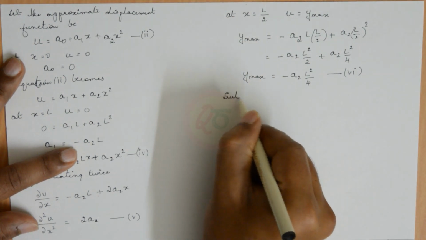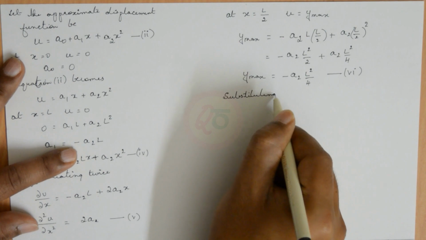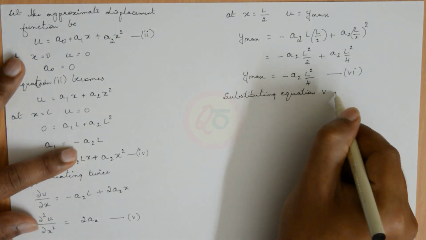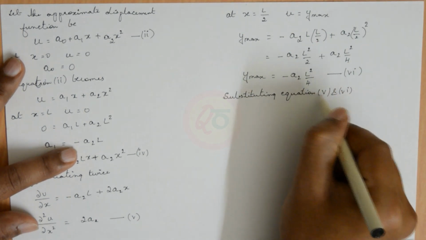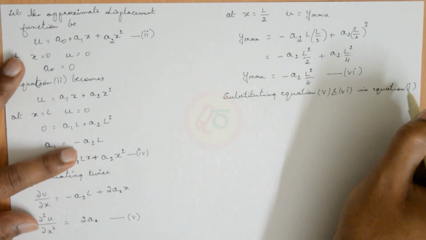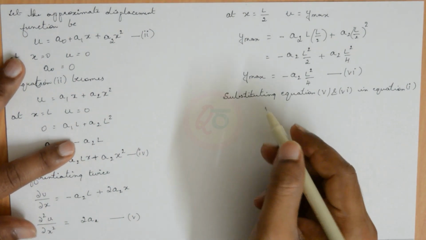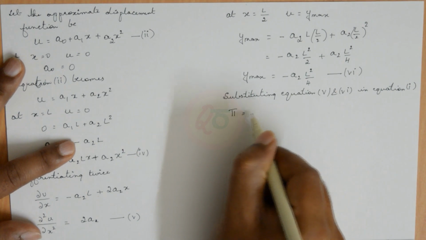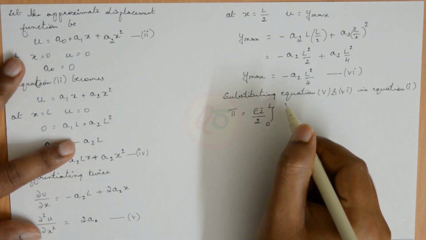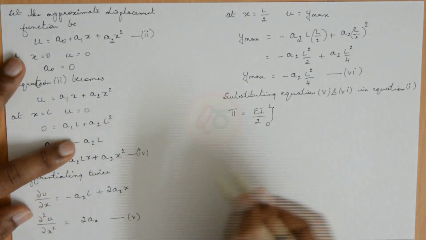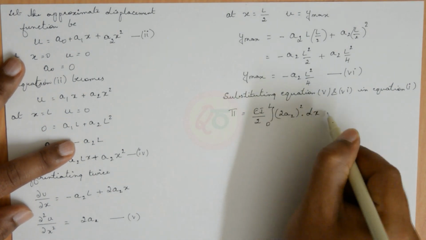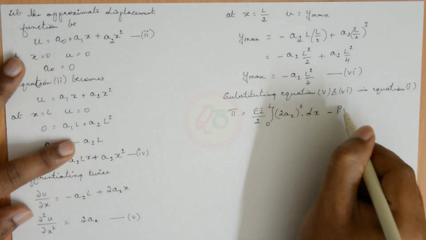Substituting values from equations 5 and 6 in equation 1, which is the potential energy functional which we had done very first, pi will be equal to EI by 2 integral 0 to L of dou square u by dou x square, which is 2a2, whole square into dx, minus P into y max.